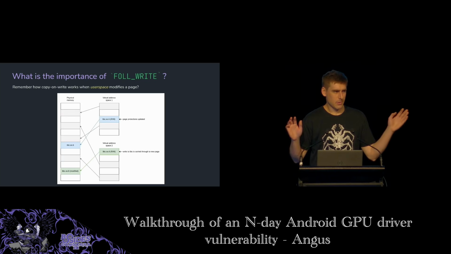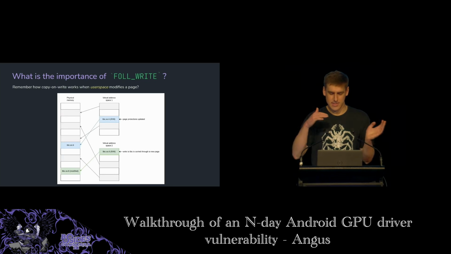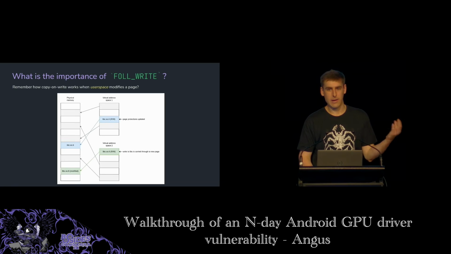We're correctly preventing two processes from interacting with the same underlying physical memory by making sure that when a process goes to modify it for the first time, that page will get duplicated so that each one of them gets their own copy. And this is a core security guarantee of the kernel. If two processes are sharing private memory, they should not be able to modify each other.